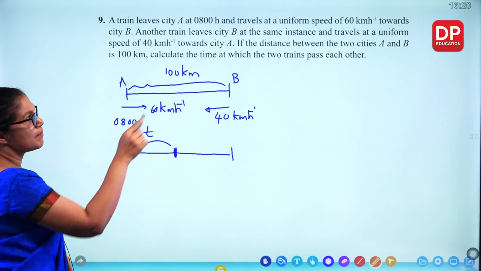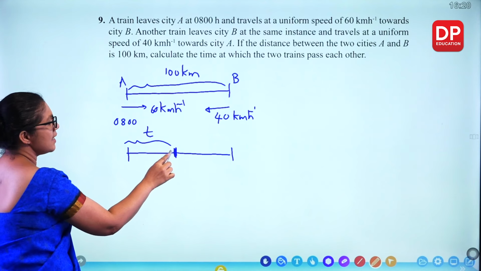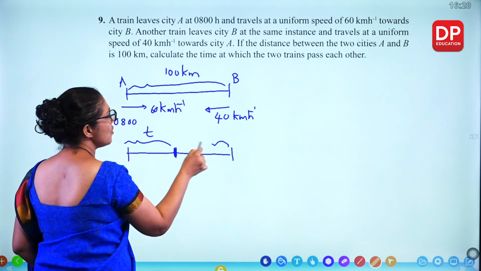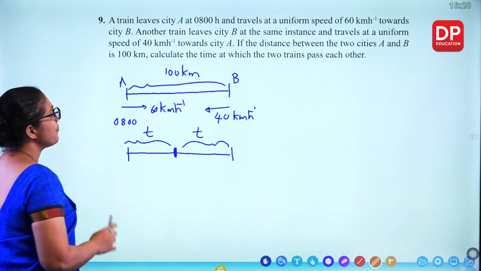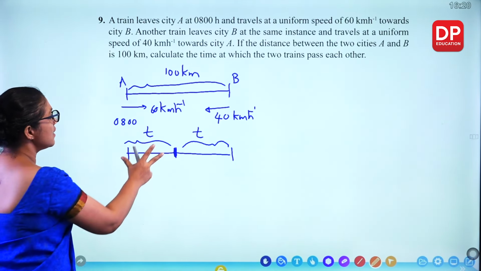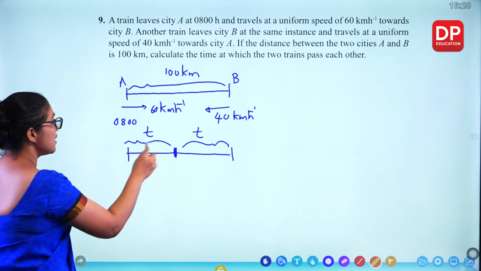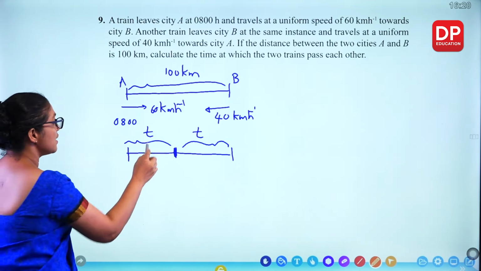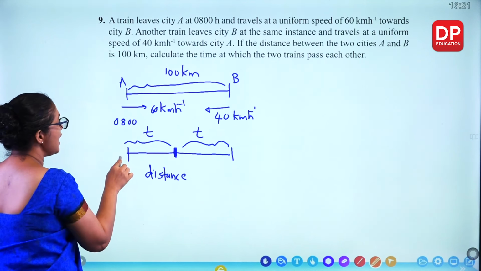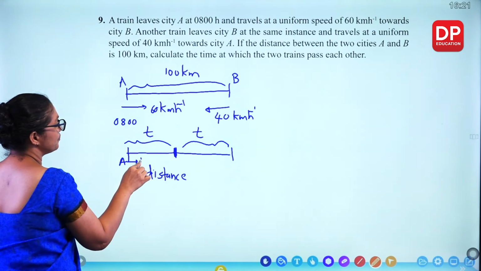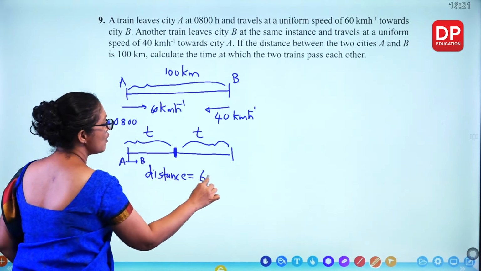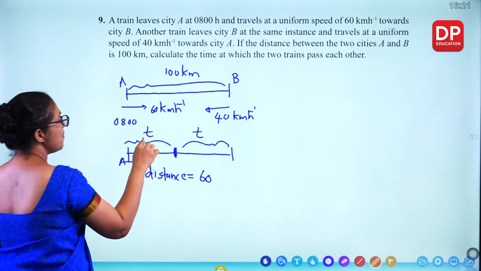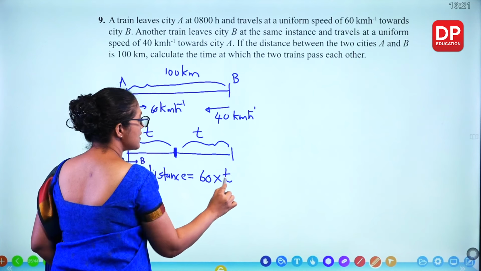Starting from here, within T hours, because this is in hours, they will meet. So here also within T hours. What's the distance traveled here? We don't know. But the distance traveled by the train from A to B, speed is given 60 kilometers per hour and the time is T hours. So the value is 60T.